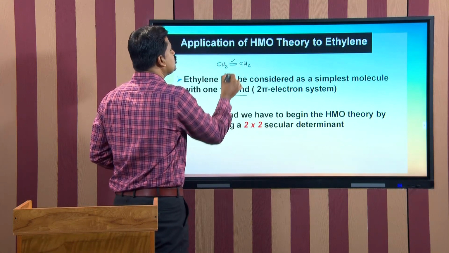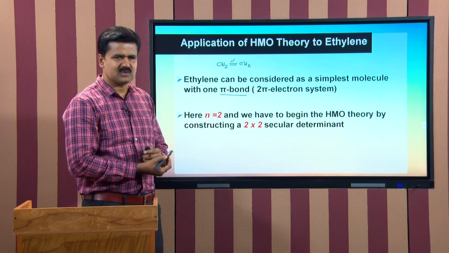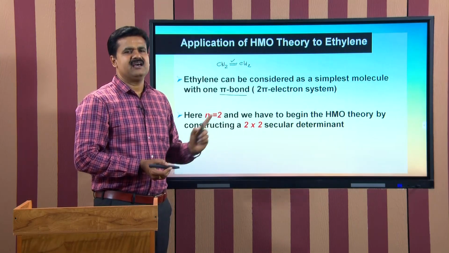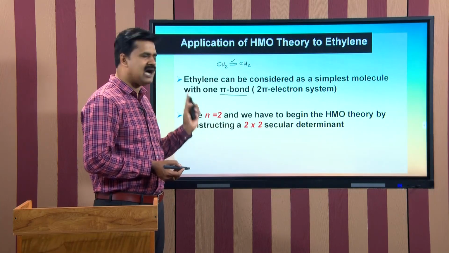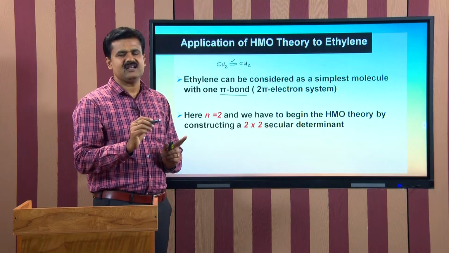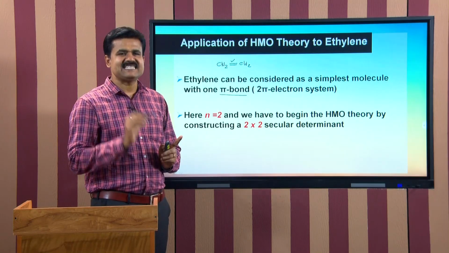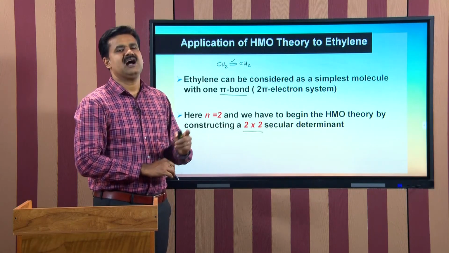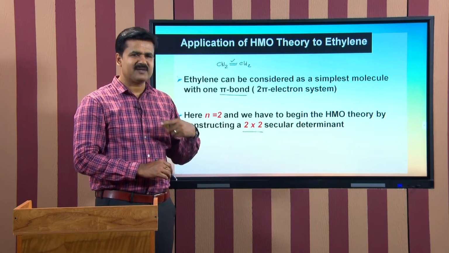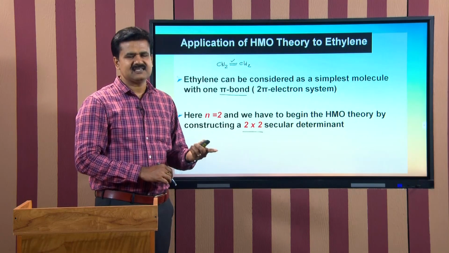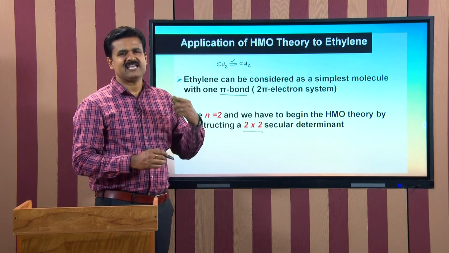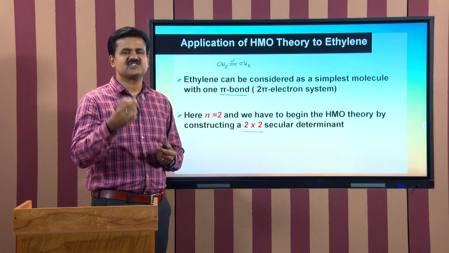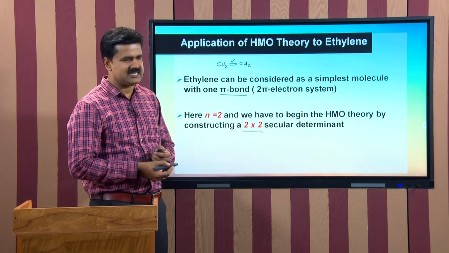So, as per Huckel's method, n, the number of pi electrons, is equal to 2, and we have to begin the HMO theory by setting out a 2 by 2 secular determinant, and that secular determinant has to be solved to get the expression for energy as well as the wave function of Huckel's molecular orbitals.